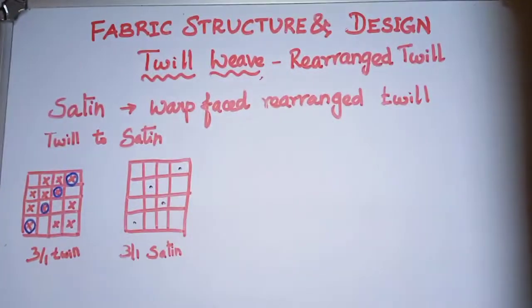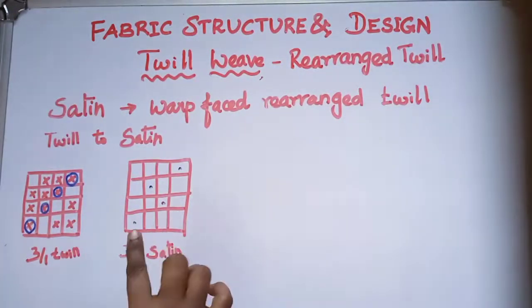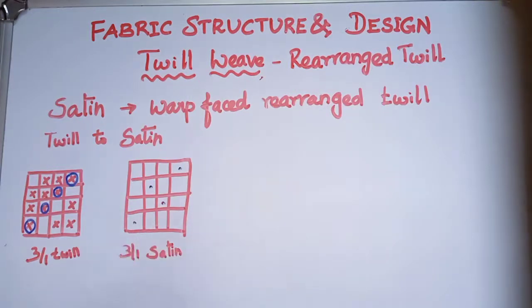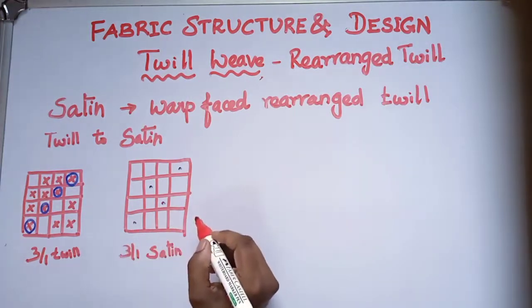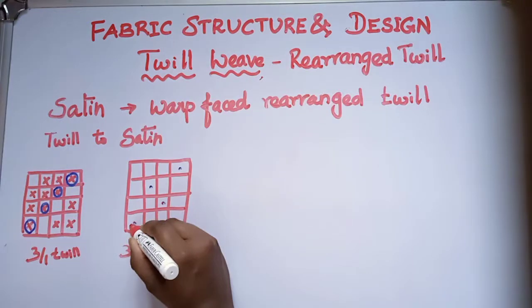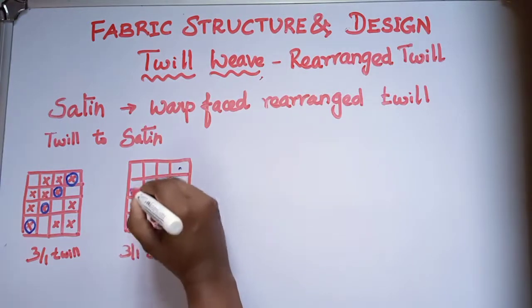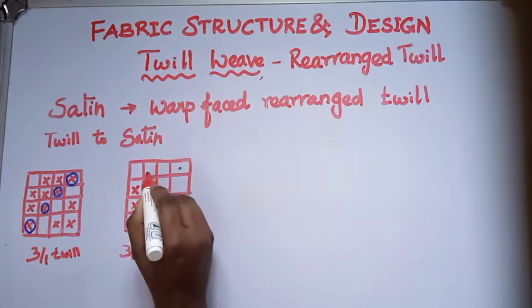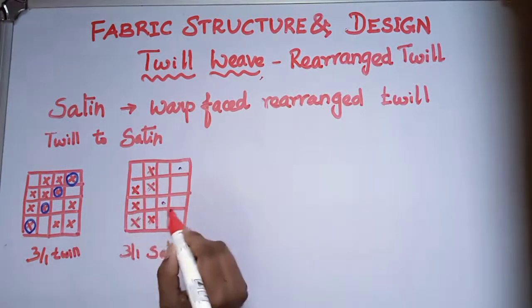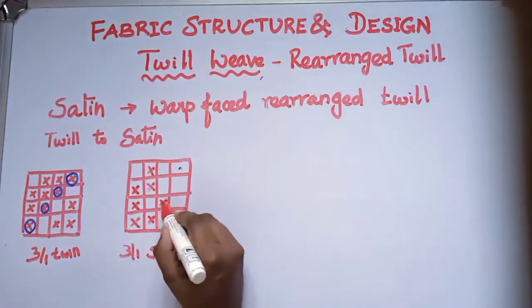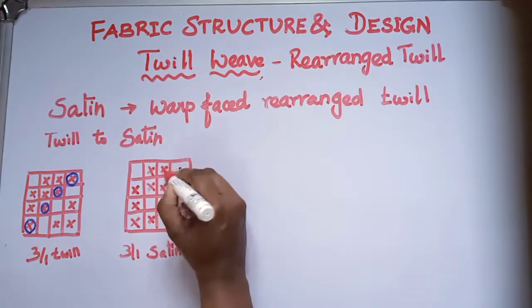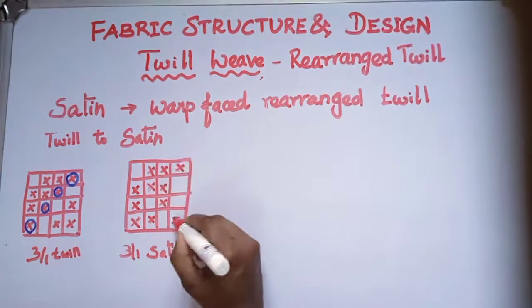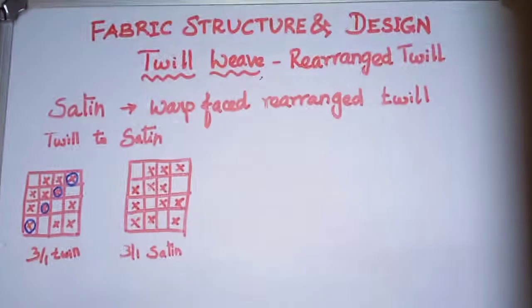Now using this base we construct 3 by 1 satin: 1 up, 2 up, 3 up, and so on.